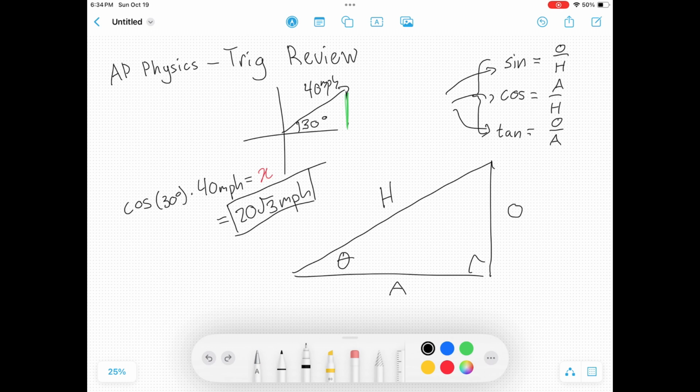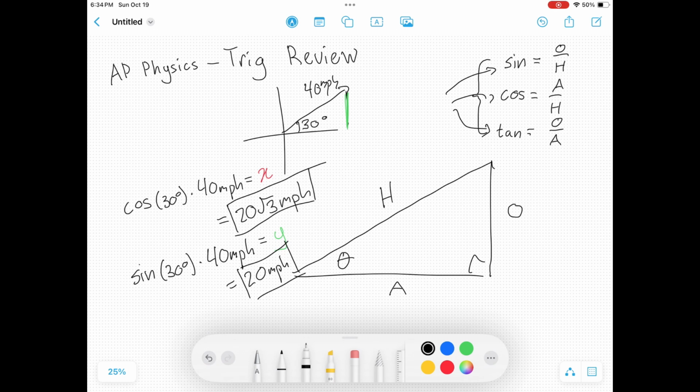So, to cancel out the hypotenuse in the denominator, just like we did earlier, we're going to take sine of 30 multiplied by the hypotenuse, 40 miles per hour, and that's going to give us our y component, which, again, you could use special right triangles for, or you could plug it into your calculator and find that sine of 30 is 1 over 2. So 1 over 2 times 40 miles per hour, we find that the y component is 20 miles per hour.